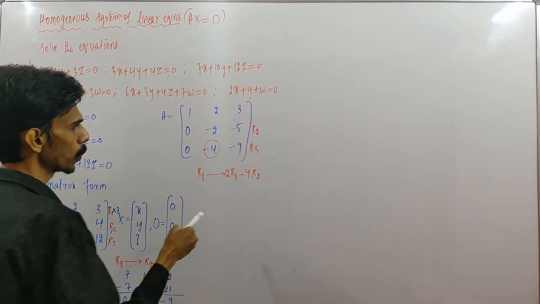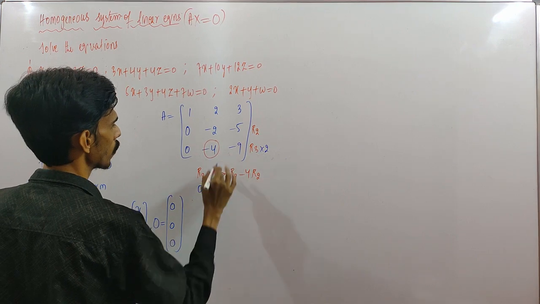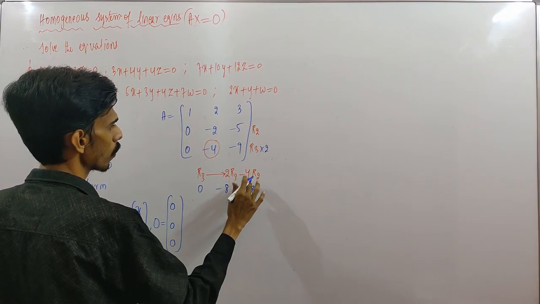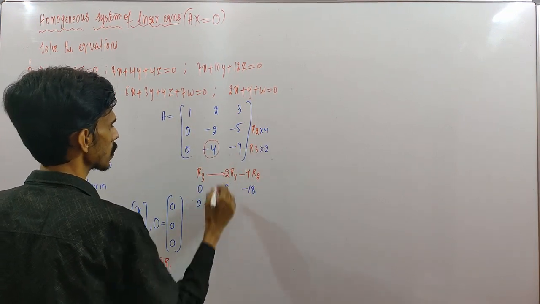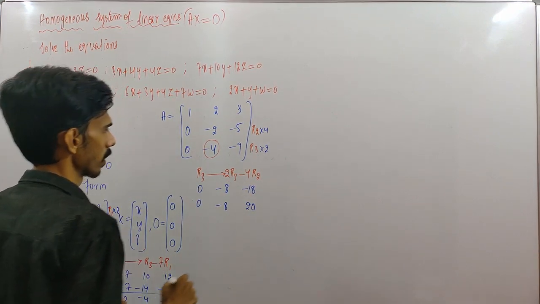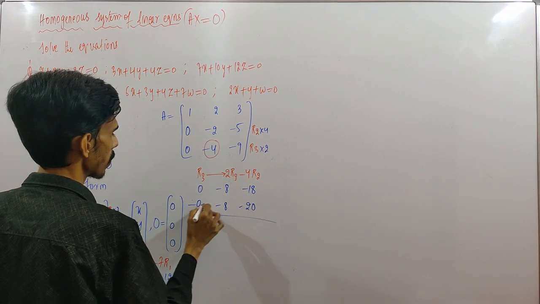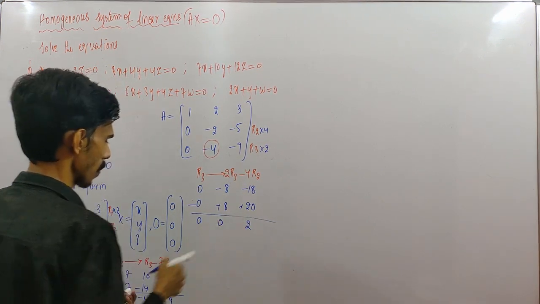So we have to multiply 2R3: 2 into 0 is 0, 2 4s are -8, 2 9s are -18. Here 4R2, so we have to multiply by 4: 4 zeros are 0, 4 2s are -8, 4 5s are -20. Minus is there, so apply minus. We have 0, 0, 2.